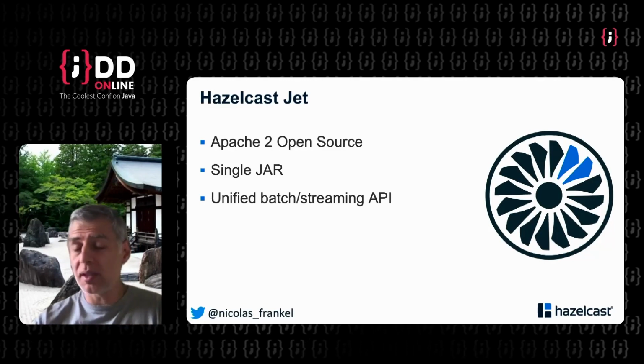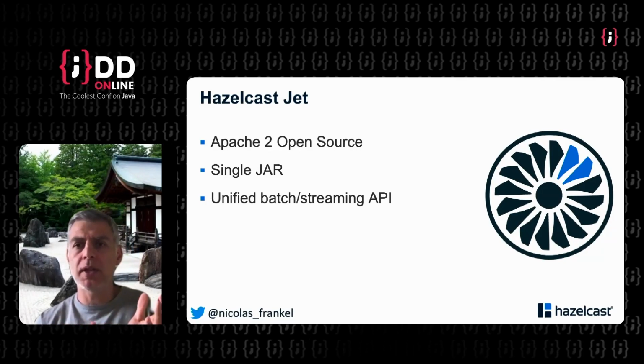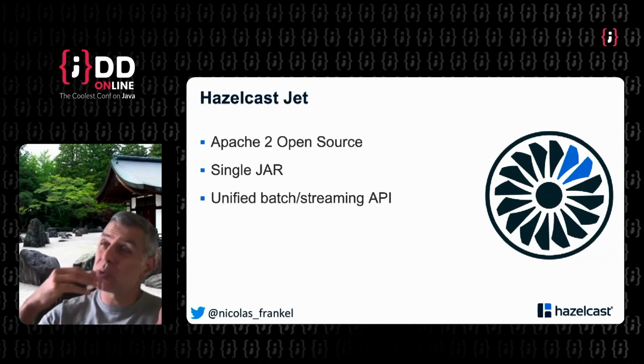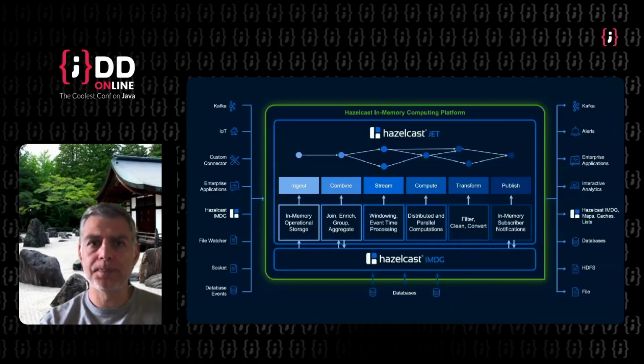The good thing with Jet is that it has a very unified API towards streaming and batching. So if you want to go from batching because you are more familiar with it, and afterwards you say, oh, but I want to start doing streaming, then there is just one single line of code that you add, and then you bridge into this other streaming world.